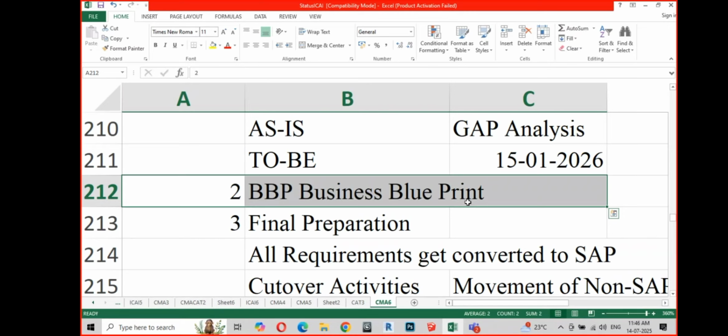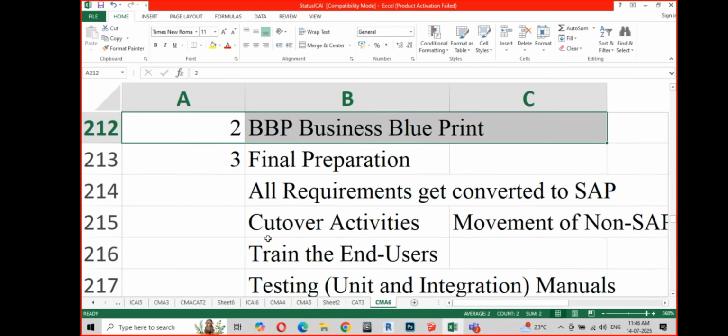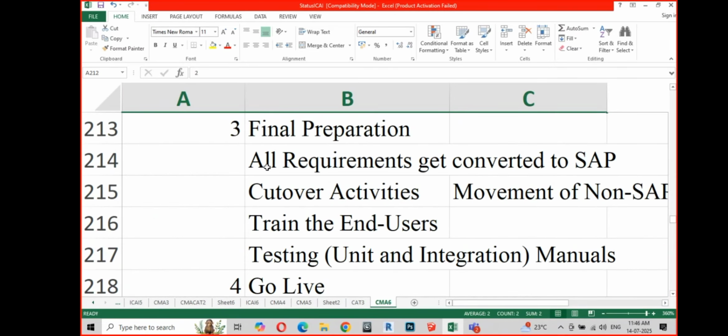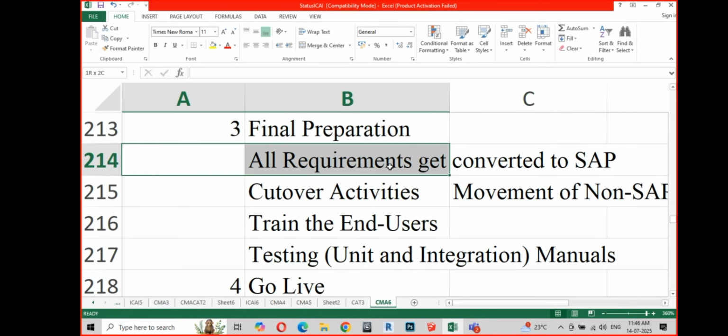This is your final preparation phase. So all the requirements get converted into SAP. Whatever the implementing company required, they get converted into SAP.